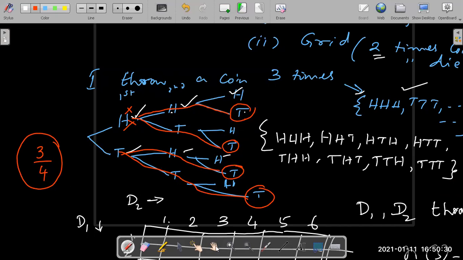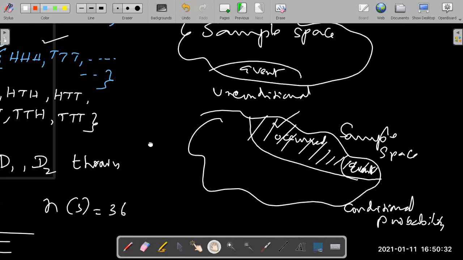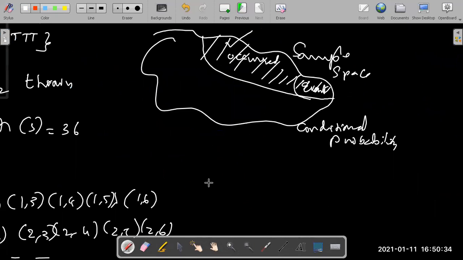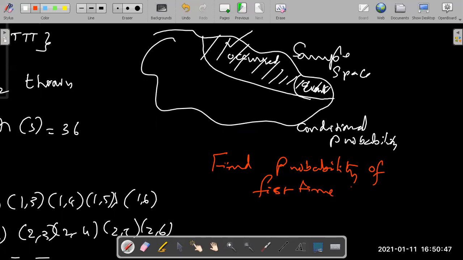So how will the question be? Find the probability of first time tails, given that third throw gave tails. Given that is the keyword they will use in the question.